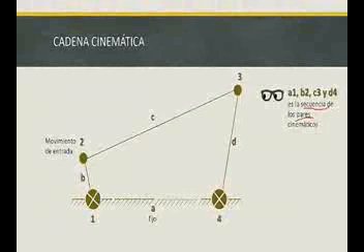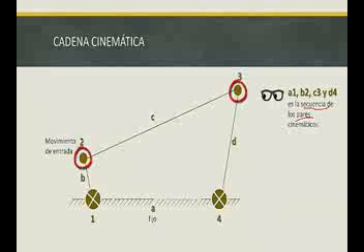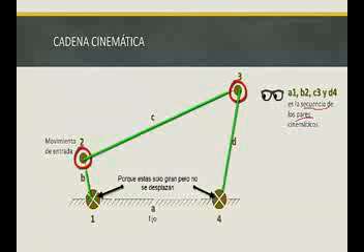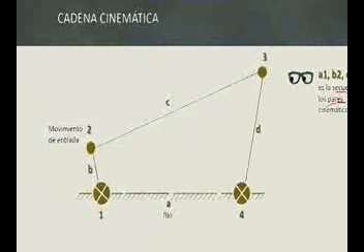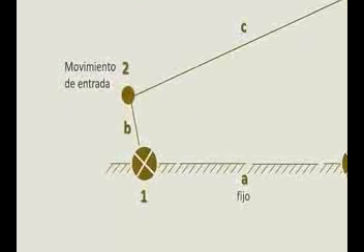It becomes a mechanism if one of its elements has a relative motion with respect to another. The purpose of a kinematic chain is to transform a given movement into another of a different type according to a desired law.